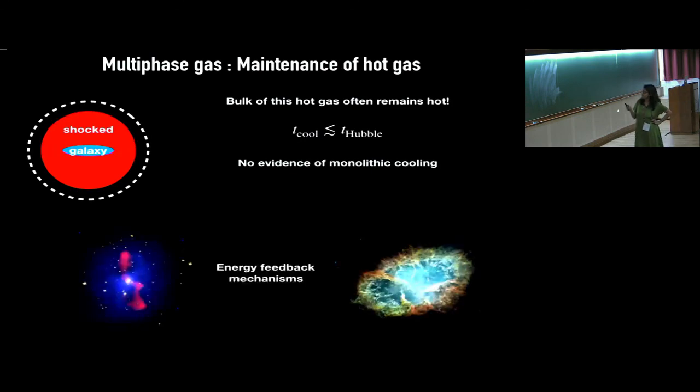The reason being that there is a continuous injection of energy into the medium that maintains this medium almost hot all the time, in a time average sense, again, not locally. So one source is black hole driven feedback. This is the radio emission shown. Also, Pratik showed some of the images.